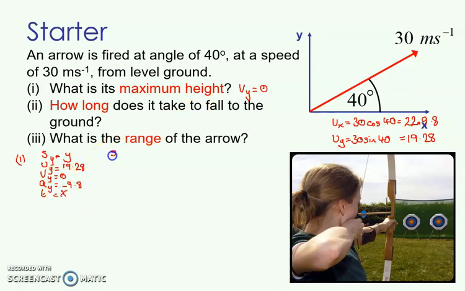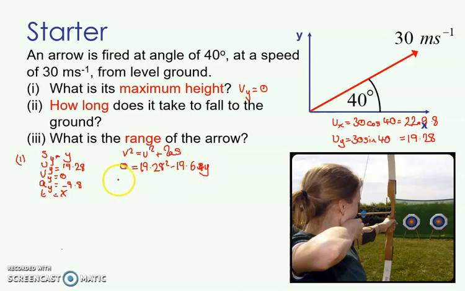So this is S, now V squared equals U squared plus 2AS. That means that 0 equals 19.28 squared, 2a is 19.6, so 19.6s, which I should really write as y.